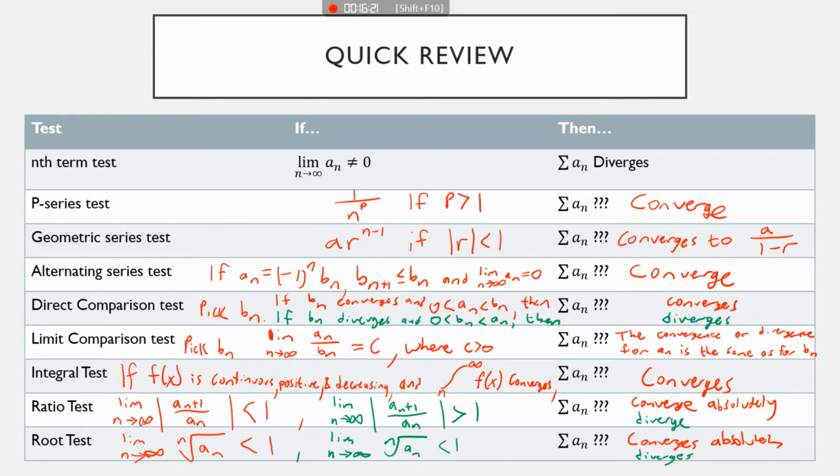Okay, you said for the alternating series test, say it again, if one part converges but the other part diverges? Conditionally converges. Okay, that's not what I'm looking for.